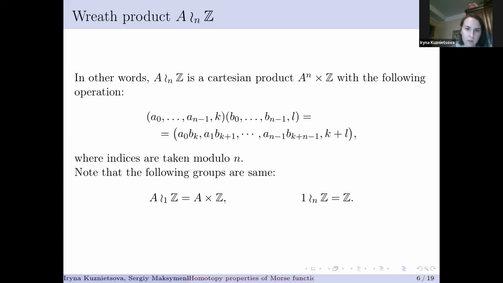So k shifts the sequence of b. Okay. And also notice that the wreath product with index 1 is just a direct product with Z, and if the group is trivial, then it's just Z.